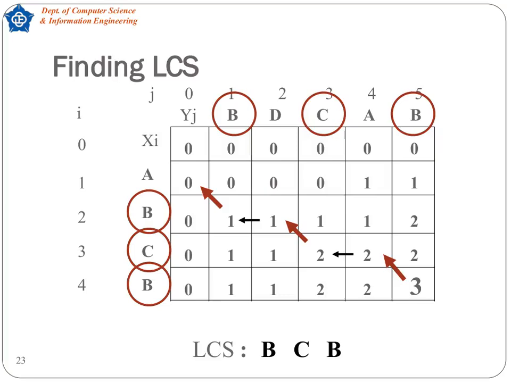If they don't match, we carry forward the larger of the values from above or from the left. You'll notice the circled cells marking the three key matches that incremented our count: B at 2,1, C at 3,3, and B at 4,5. Finally, the red arrows trace the backtracking path from the bottom right corner back to the start, picking up those letters in reverse. Reading them in forward order gives us the LCS BCB.